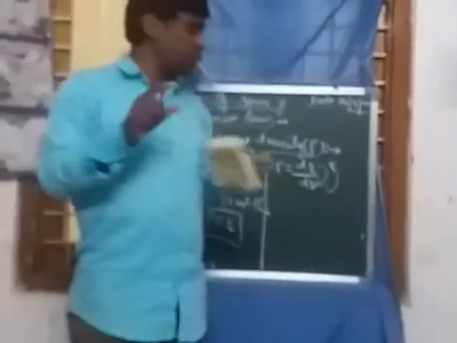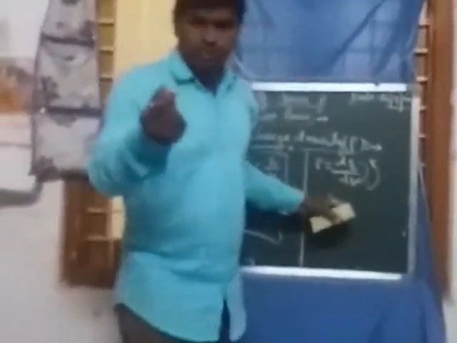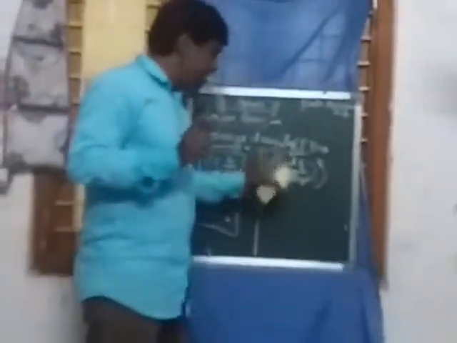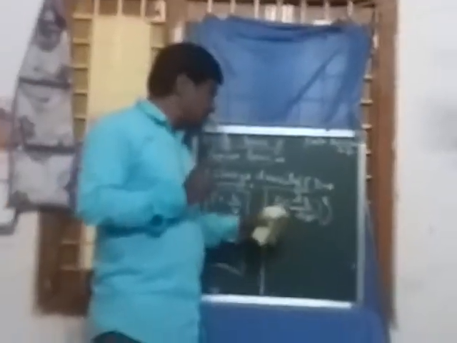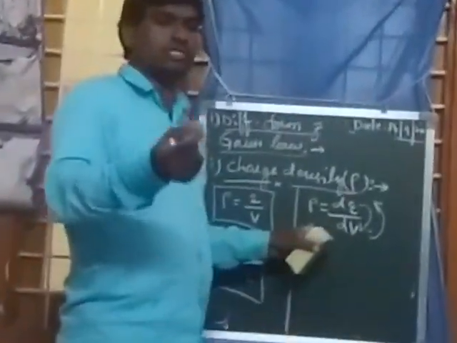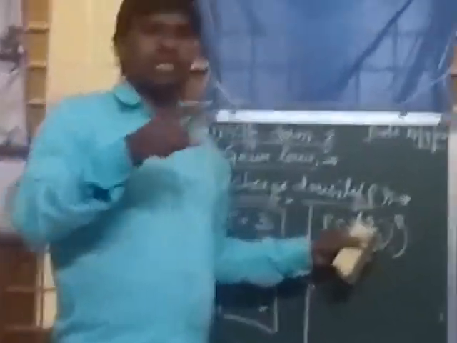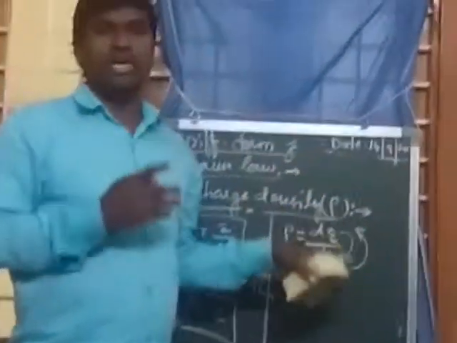In the same way, here we take a small value of the total charge of an object. When we take a small charge, by integration we will get the total charge of the object.